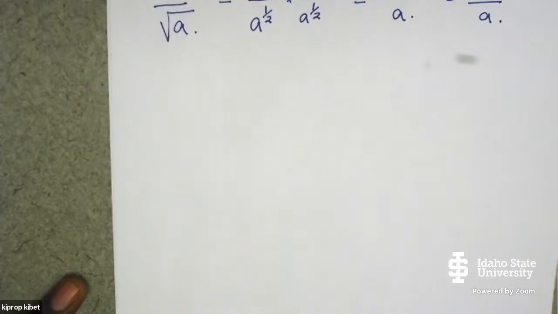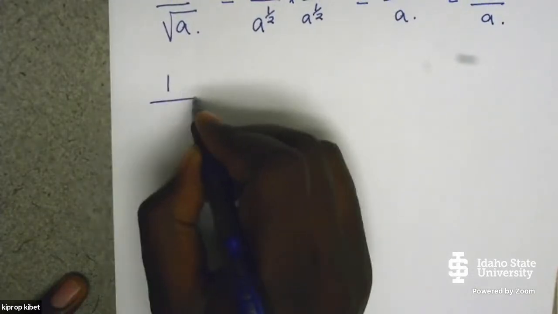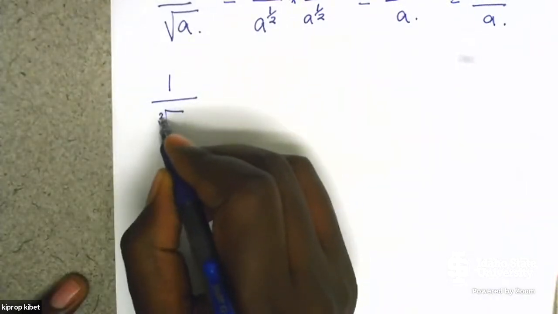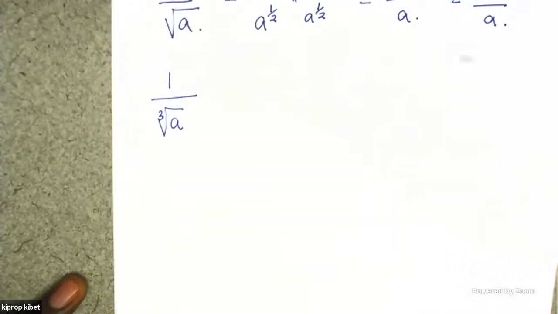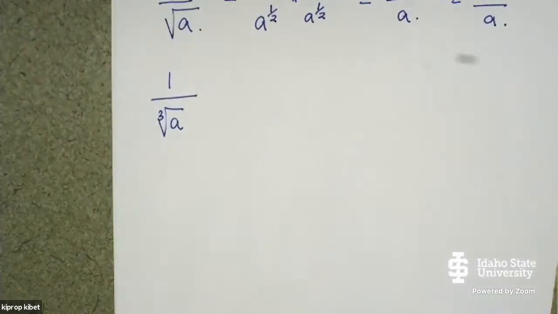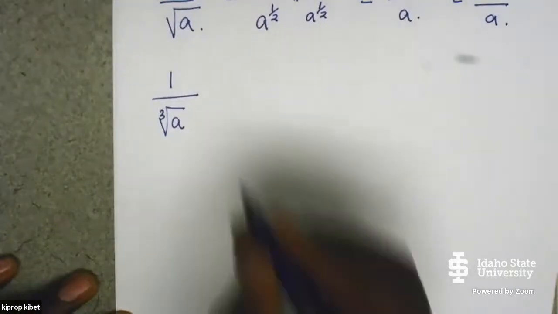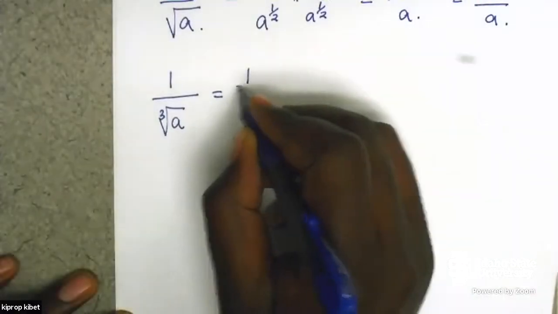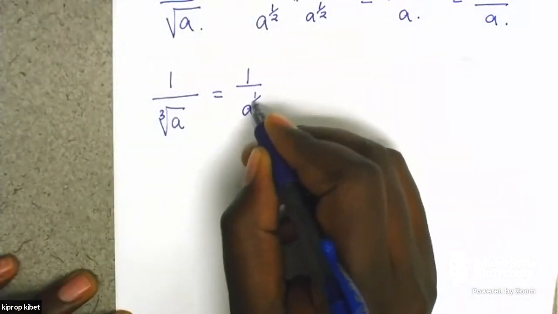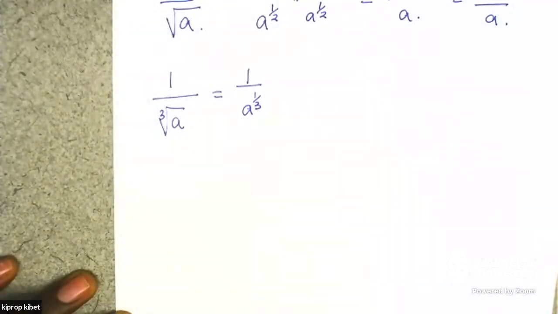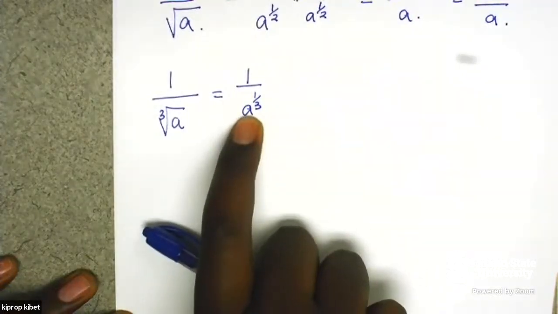Now, the same thing applies to 1 all over the cube root of a. If you are told to simplify that, you multiply again by the conjugate. This is similar to 1 all over a raised to 1 over 3.